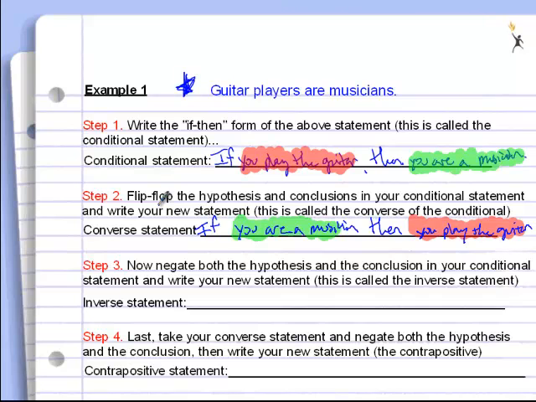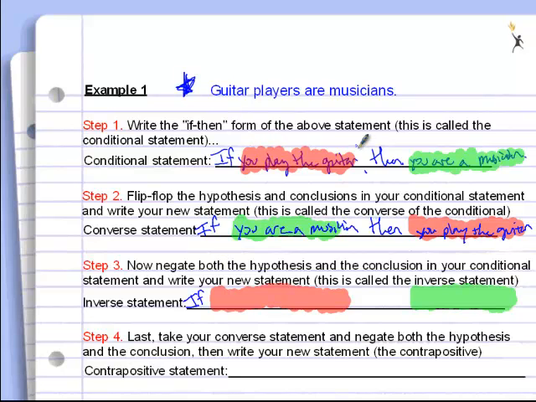And that's step 2. Step 3 deals with the inverse statement. Now negate both the hypothesis and conclusion in your conditional statement. So we're going back to our conditional statement that looks like this, except we're told to negate them. And we're going to rewrite it. So I start with if. And now we need to negate this sentence.